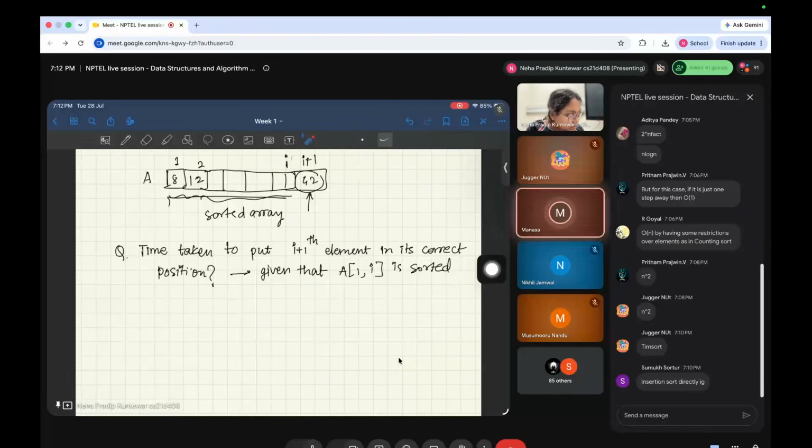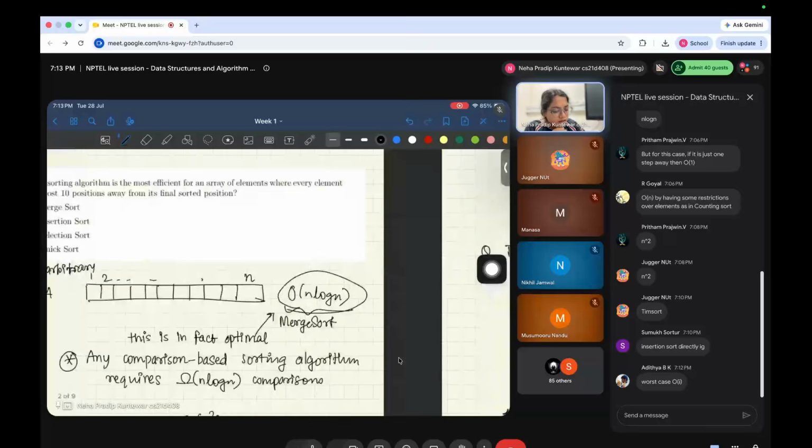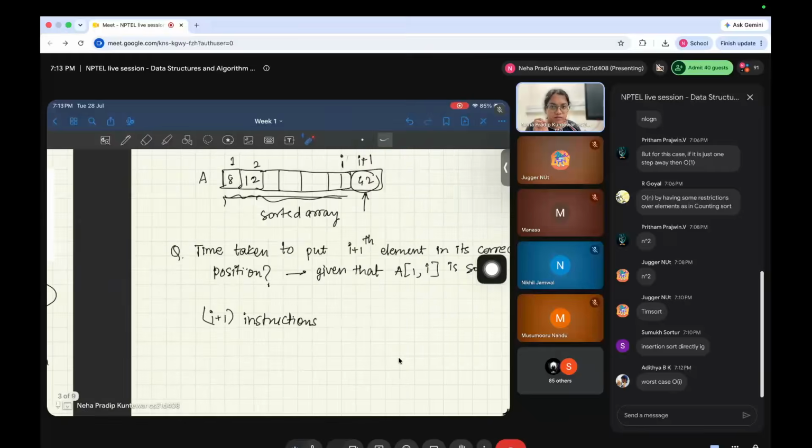Ma'am, if we consider placing one element in the array, then it requires I plus 1 seconds. Correct, so it requires I plus 1 instructions. But now observe that you are given this additional promise that any element in the array is at most 10 positions away from its correct position.